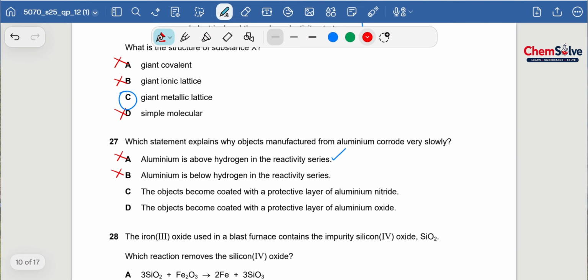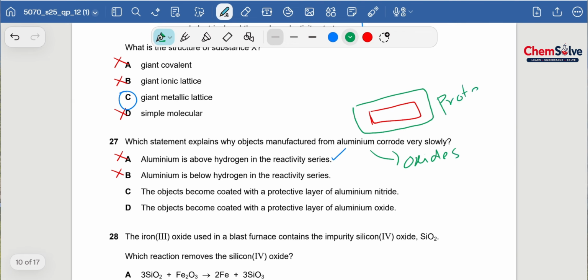Aluminium is above. The object becomes coated with a protective layer of aluminium nitride. Okay, what happens when we have aluminium? It's a reactive metal, so it makes a layer of the oxide on it. It makes a protective layer of oxide on it.